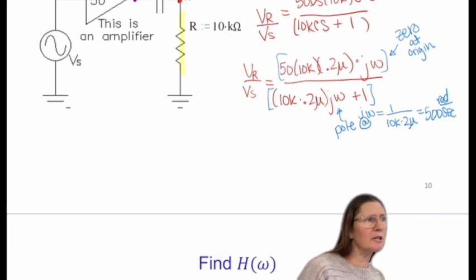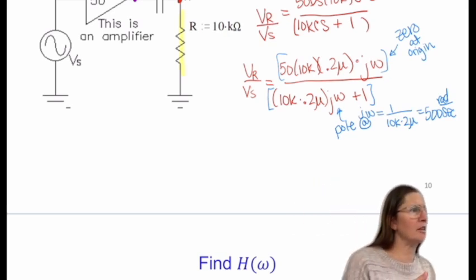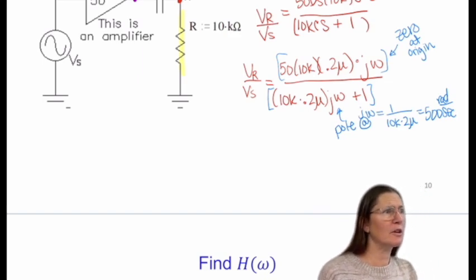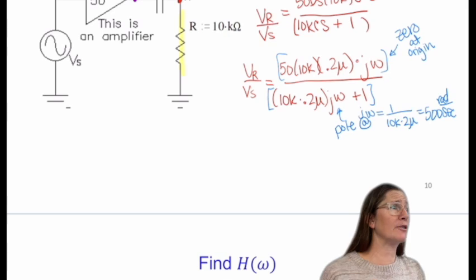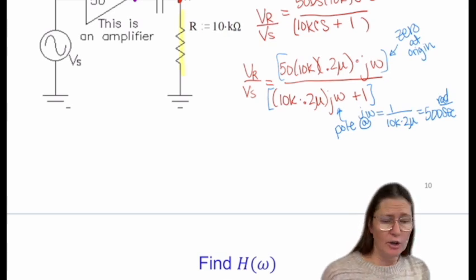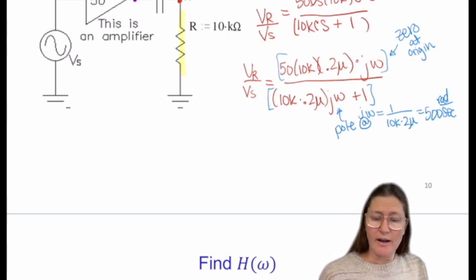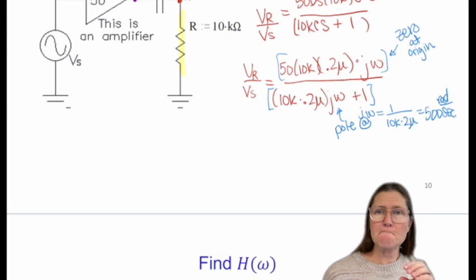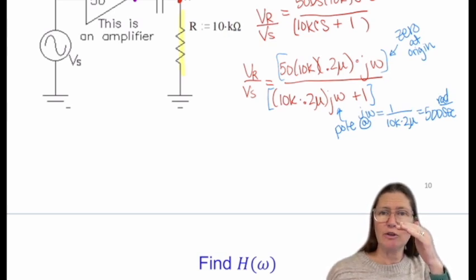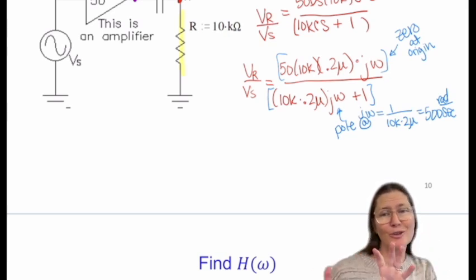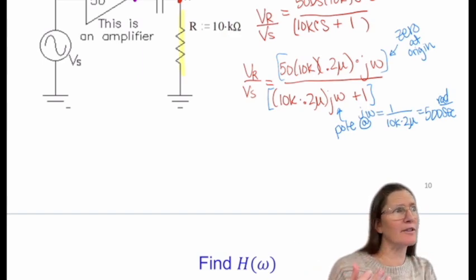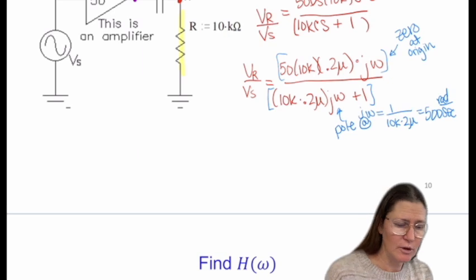So I've put it into standard form and determined my poles and zeros. Now I want to look at where to start drawing this on my graph. I have a pole at 500, 0 at the origin. For the poles and zeros that are not at the origin, I want to take an omega less than that and find that one value.